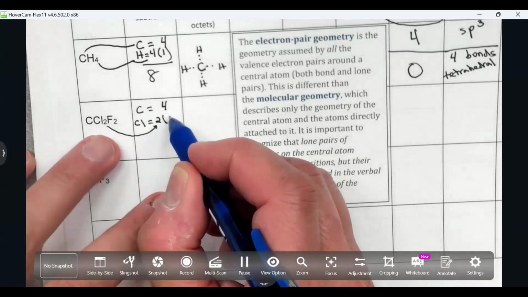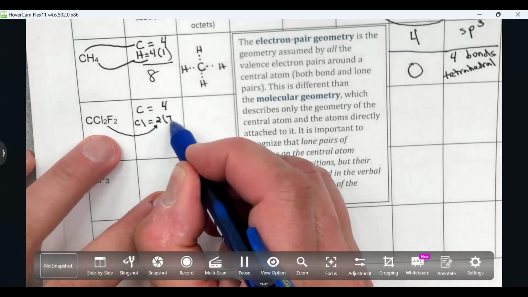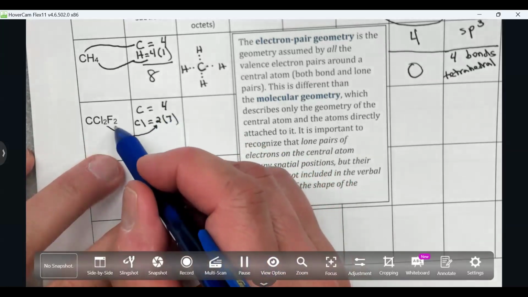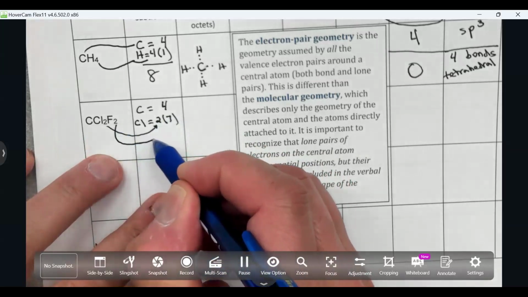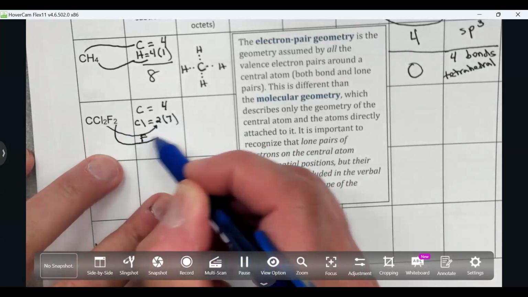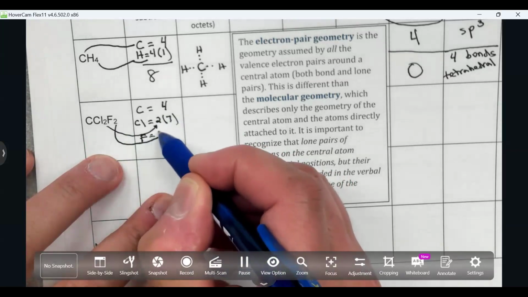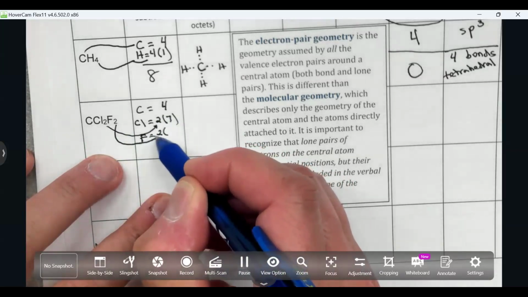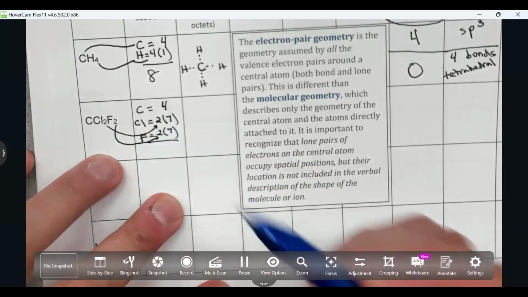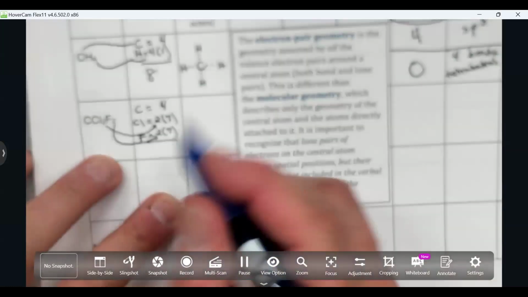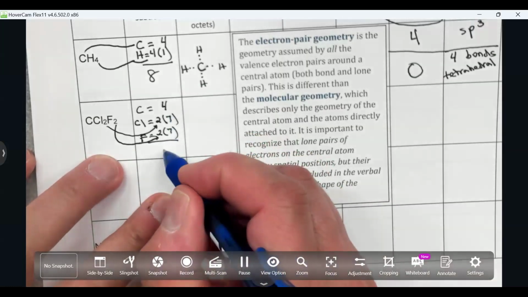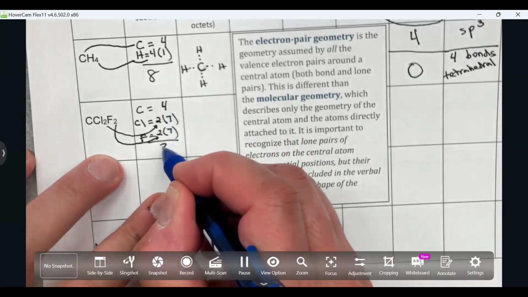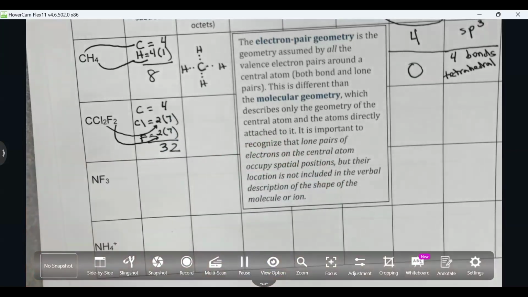What group is it in? 17. So 7. And my fluorine is 2 times 7 again. Yes. So my total valence electrons is 32.